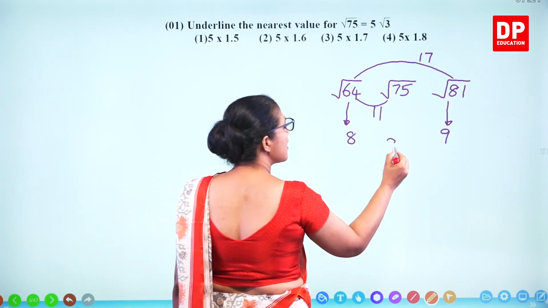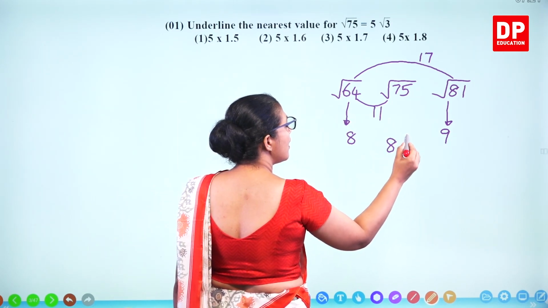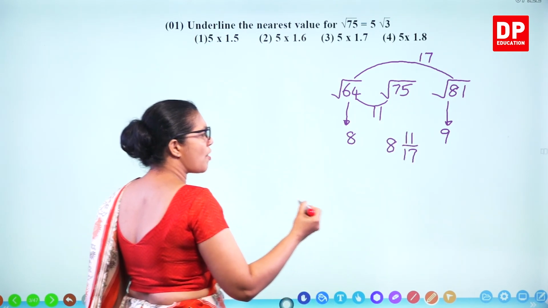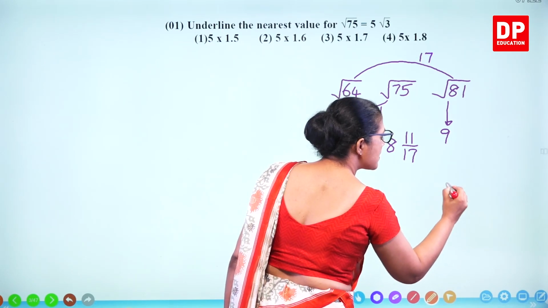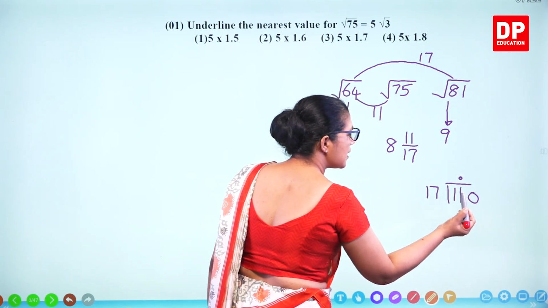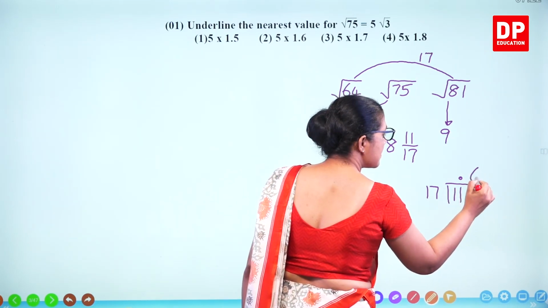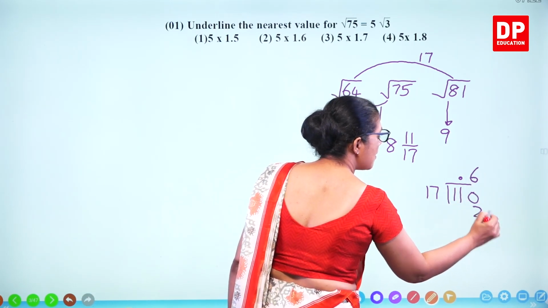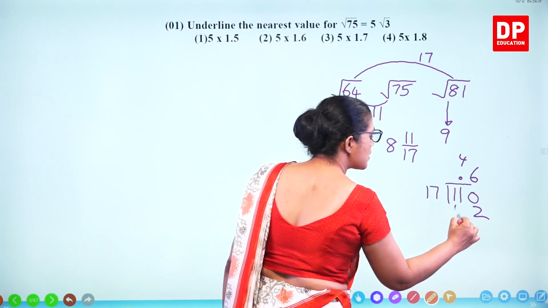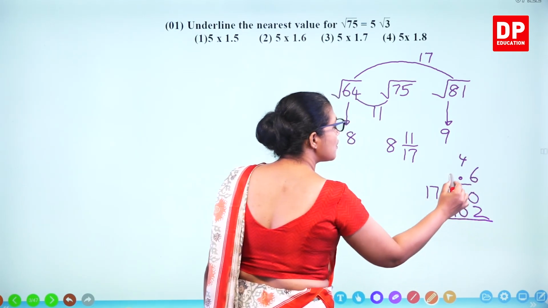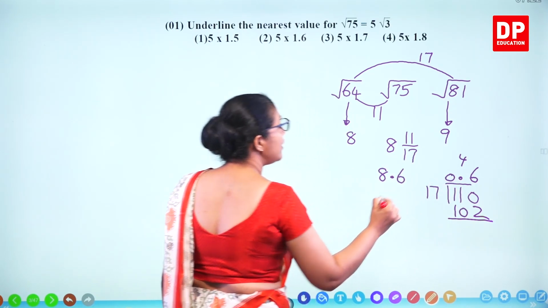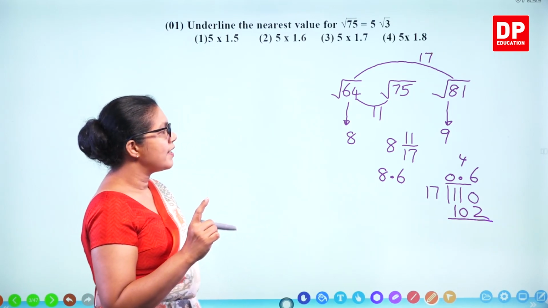So you are getting 11 over 17. Roughly how much? 6 times 7 is 42, and 6 times 1 is 6 plus 4, 10. So 0.6. So 8.6, a value close to 8.6.